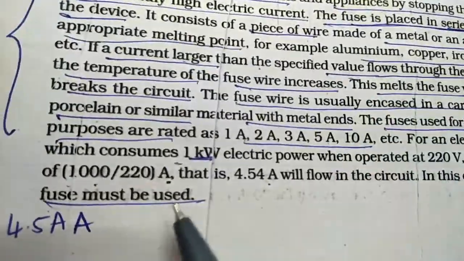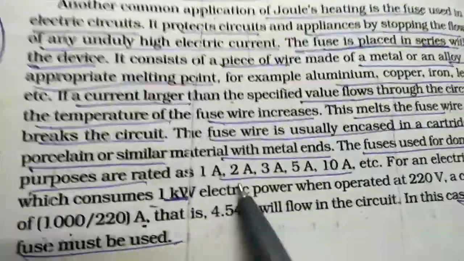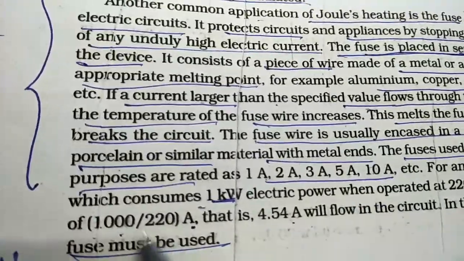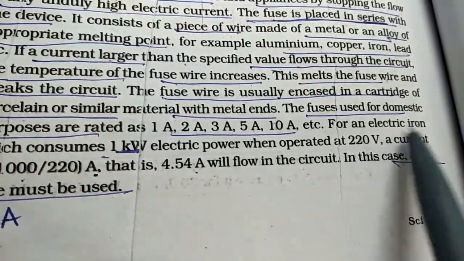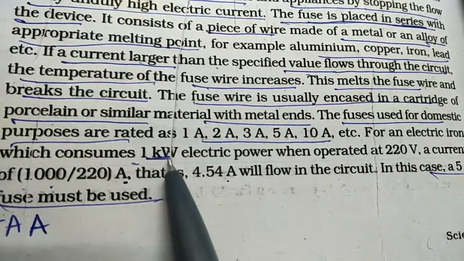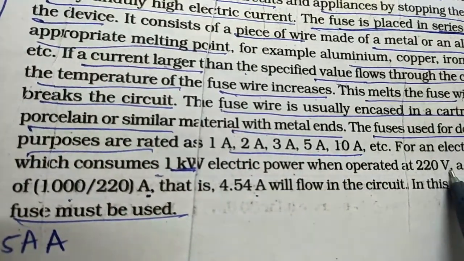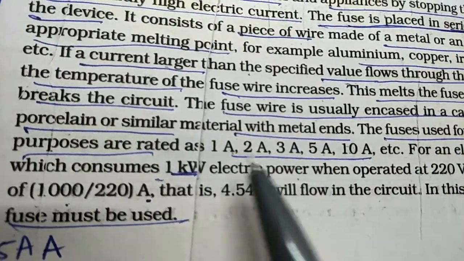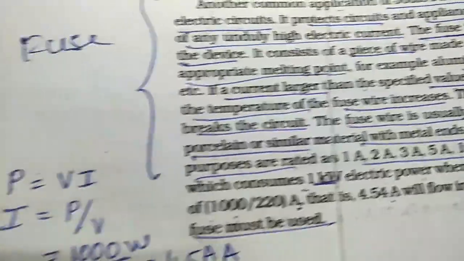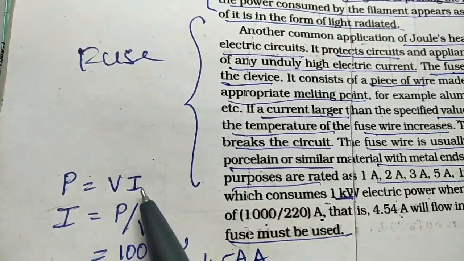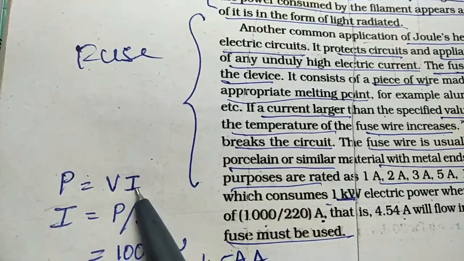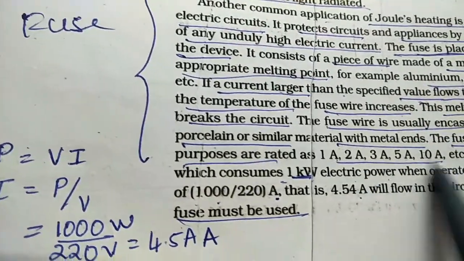For the calculation of which fuse you should use, there is a small example given in your textbook. If you have an electric iron which consumes 1 kilowatt electric power, which is operated at 220 volts, to calculate which fuse we will use, we all know P is equal to V into I. So we need to find out how much current, this ampere is current, right?